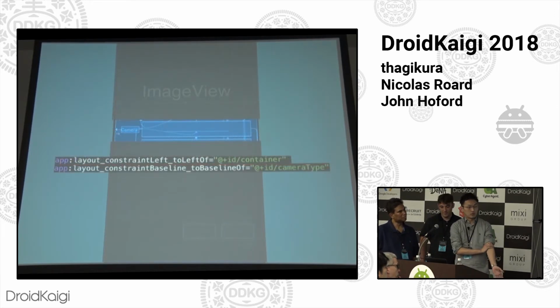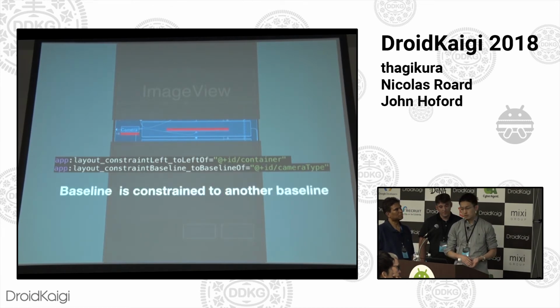Then if you look at the middle of the screen, there are two text views. And the left text view is vertically aligned relative to the text view on the right. And how did we achieve that?